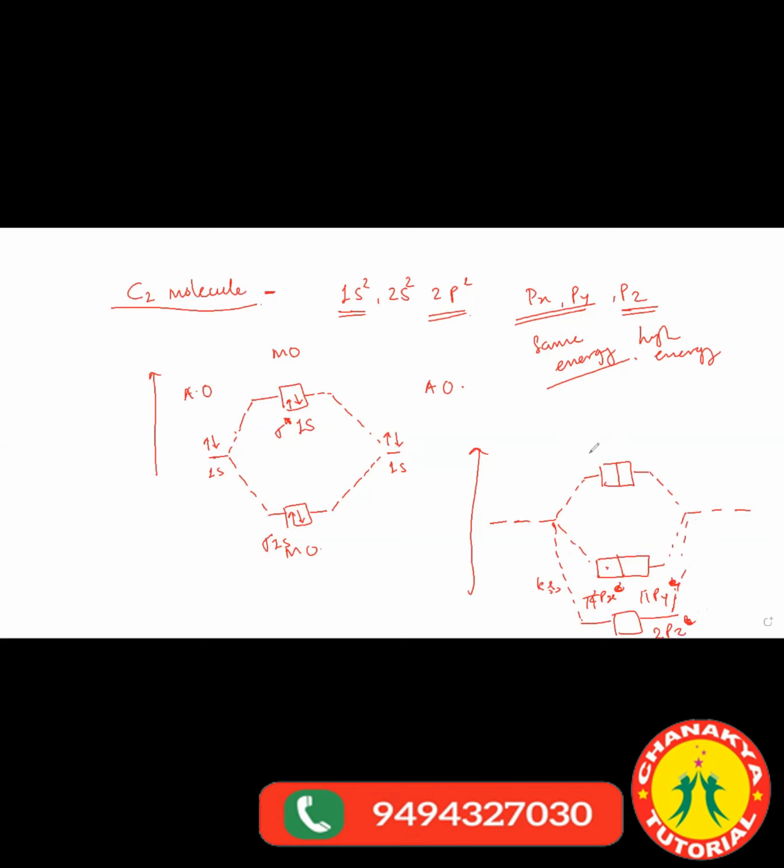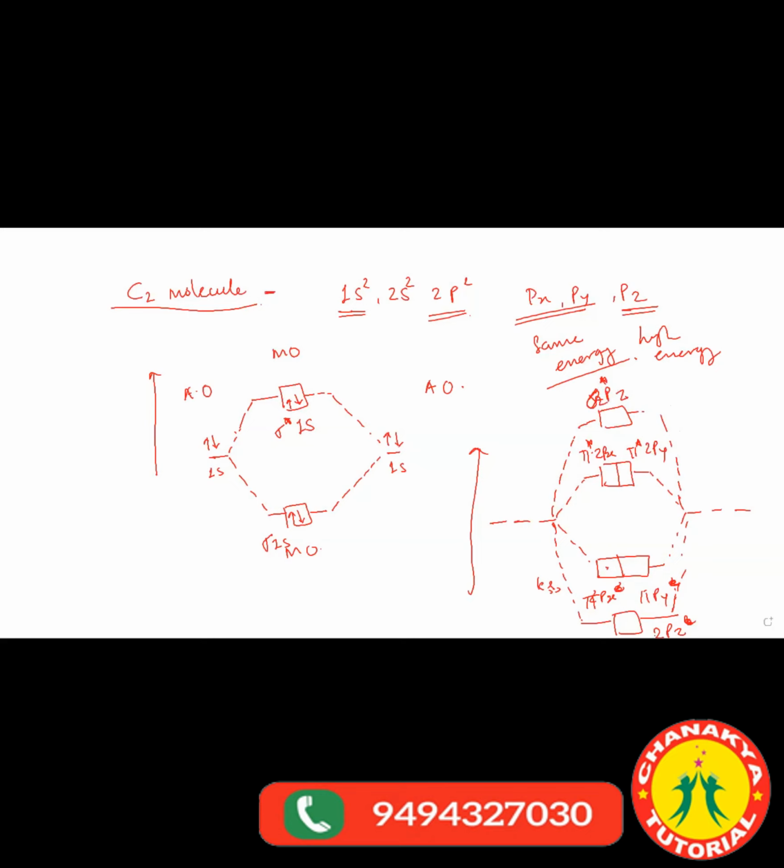Apart from that, how many electrons would come here? This would be the star: pi star 2px, pi star 2py. And here another molecular orbital, that would be sigma star 2pz. Correct? Clear?